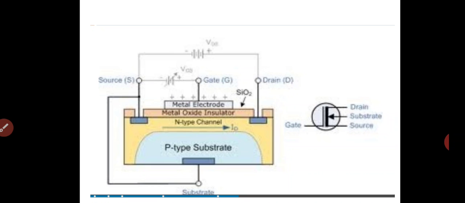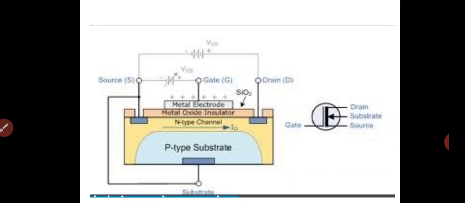We can apply a positive or negative supply on the gate, and due to this the output is affected. The source is connected to the negative terminal of a DC battery, VGS, and the drain is connected to the positive terminal. So the drain is always reverse biased and the source always forward biased in working condition as an amplifier.